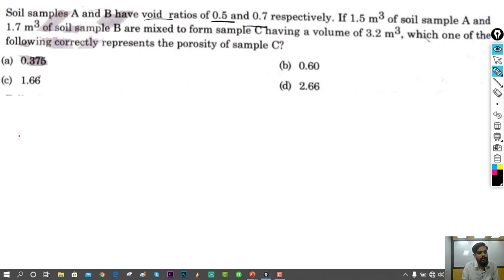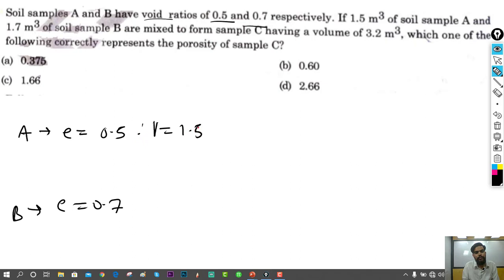Assume that this is soil A, this is soil B. The void ratio of soil A equals 0.5, the void ratio of soil B equals 0.7, and the volume of soil A equals 1.5 meter cube, and the volume of soil B is 1.7 meter cube.